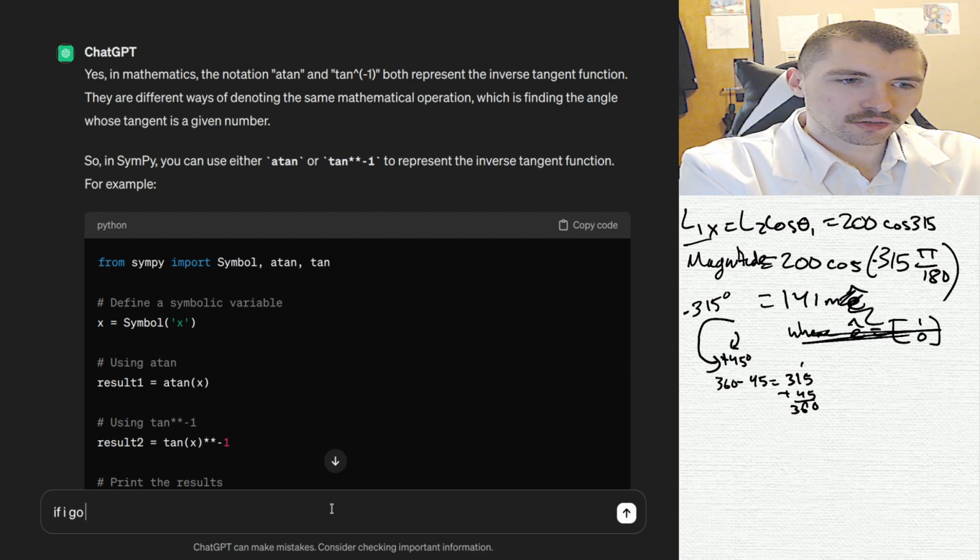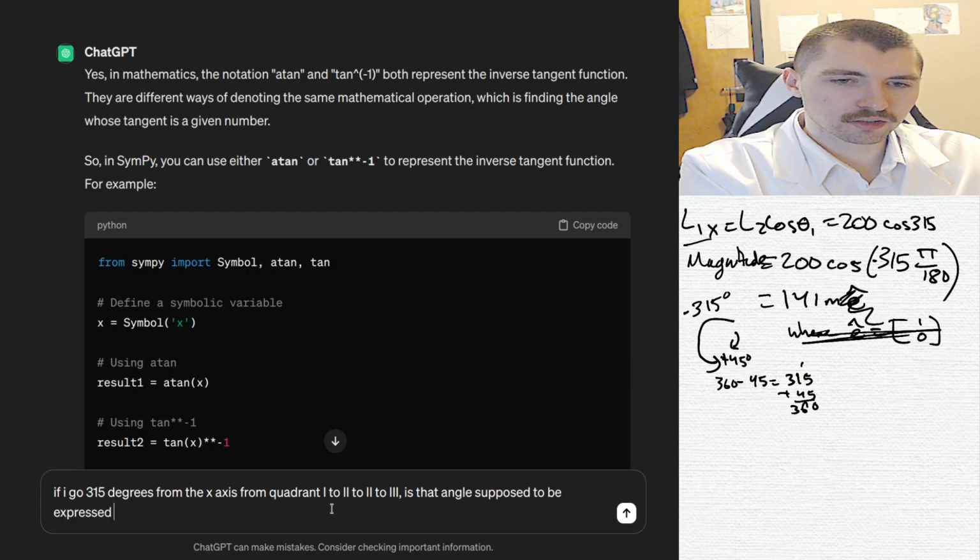If I go 315... Is that angle supposed to be expressed as negative 315 degrees?